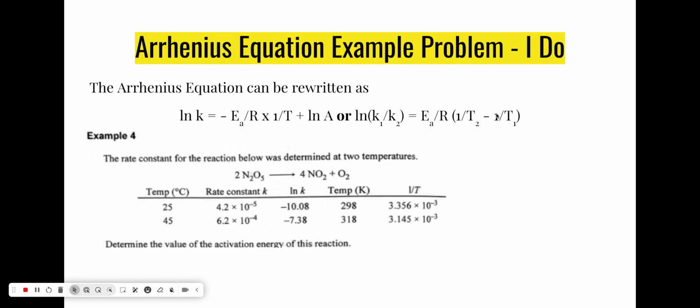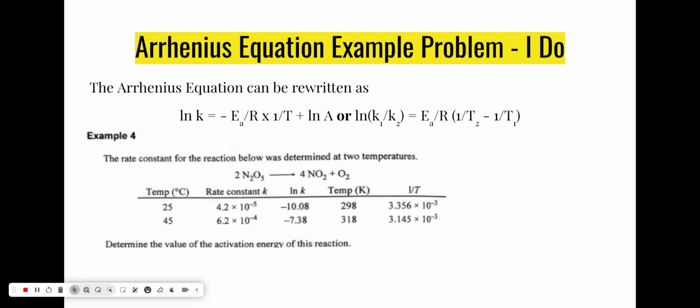So that's the Arrhenius equation I personally like to use, okay? And if we're taking a look at this example, it says the rate constant for the reaction below was determined at 2 temperatures. So it gave us the chemical reaction, and it gave us the temperatures, 25 degrees and 45 degrees Celsius.